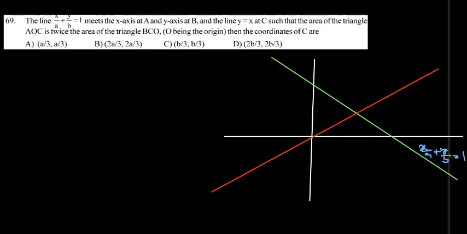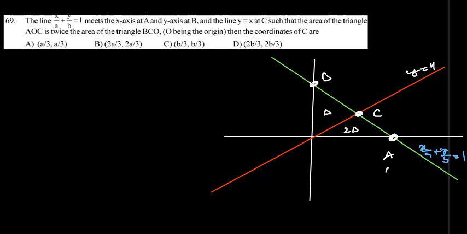So I will write that this is the y equal to x line. The line meets the x-axis at the point A, the y-axis at the point B. This is the point C. What is given? The area of the triangle AOC is twice this one. This is delta, this is 2 delta. In such a way you will find the coordinates of C.